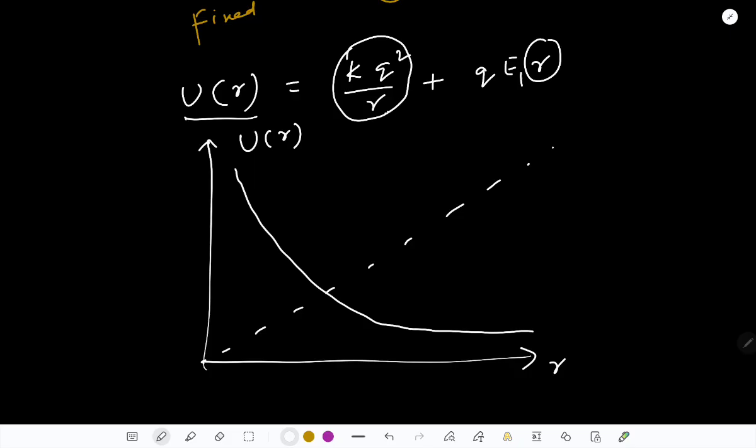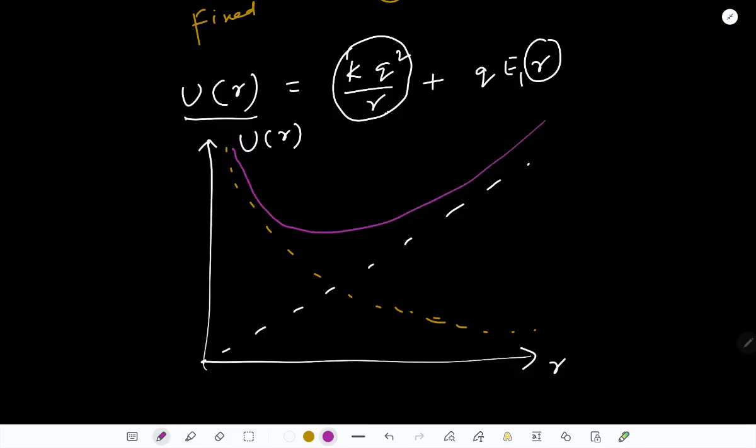So the graph will be something like this. Slope having qE, y equals mx it is, and so these two have formed two asymptotes, and the main graph will be lying between the two, simply something like that.